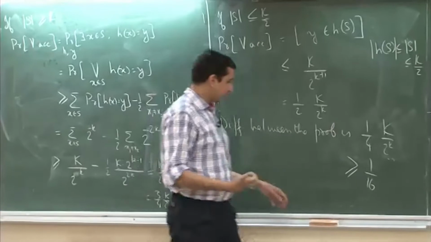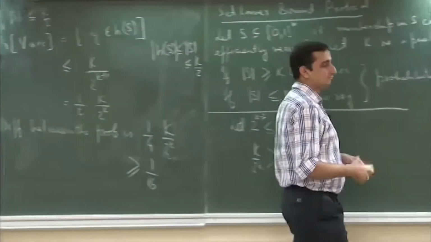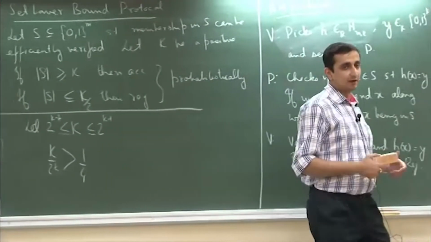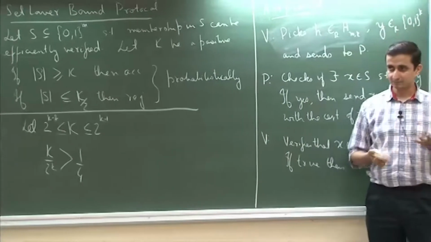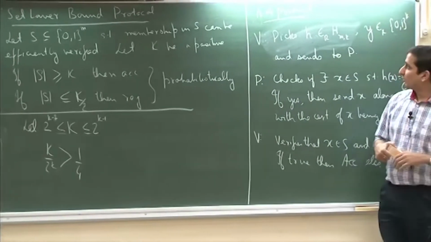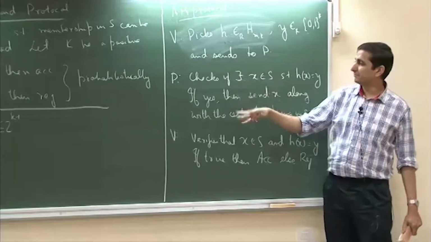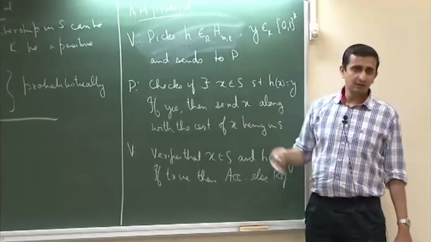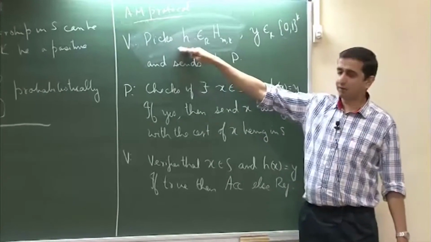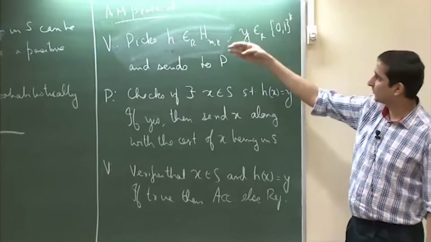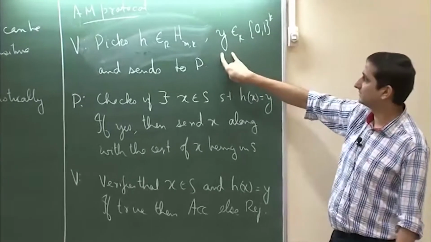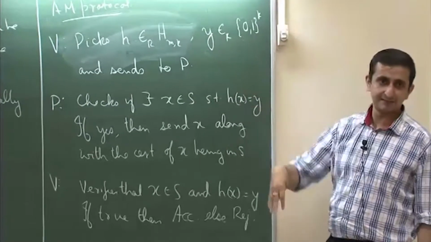Okay. So, how can you boost this probability, so that it falls on either side of 1/3 and 2/3? What the verifier can do here is that he does not pick just one, but appropriately he picks some polynomial number of hash functions, and corresponding to each hash function he also picks that many number of y's and sends them to the prover.